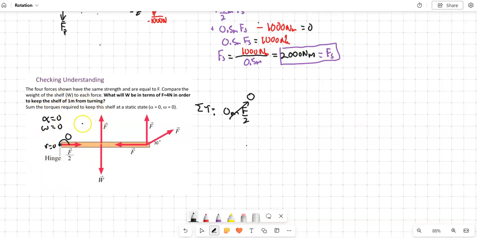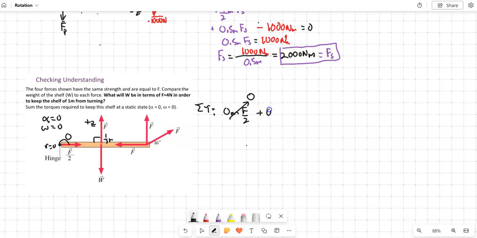It's going to want to spin it with a positive Z. It's going to be a positive Z torque. It's located at the ½ meter mark, and it's at a 90 degree angle. So that force is going to be positive Z.